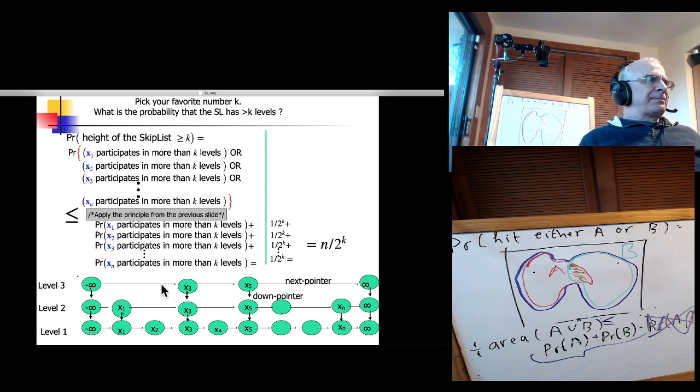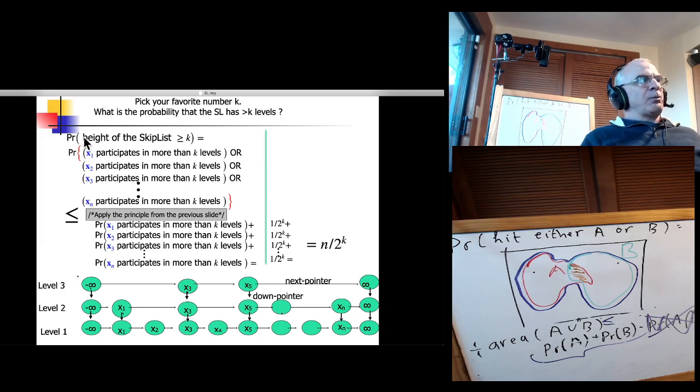It might be like in this example that both x3 and x5 want to be in 3 levels. That's fine. I'm not saying that if this happens, that doesn't happen. But the only way that the skip list has height strictly more than k is if some of the elements, at least one, wants to be in this level.